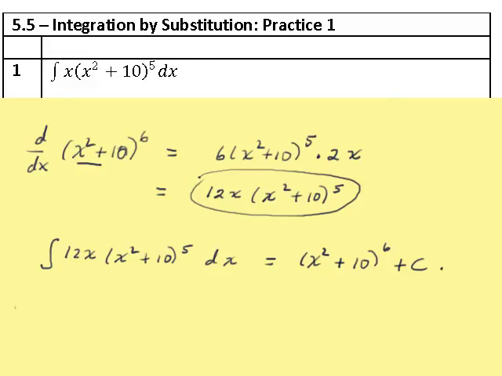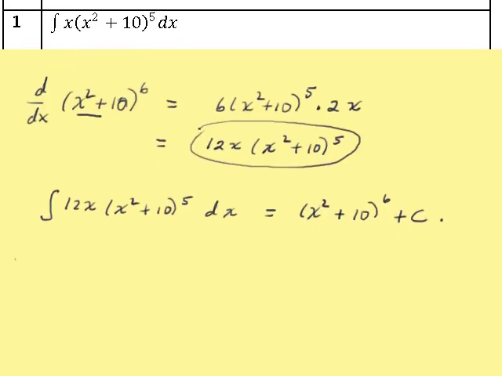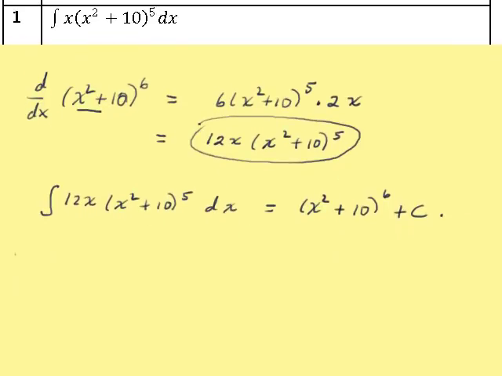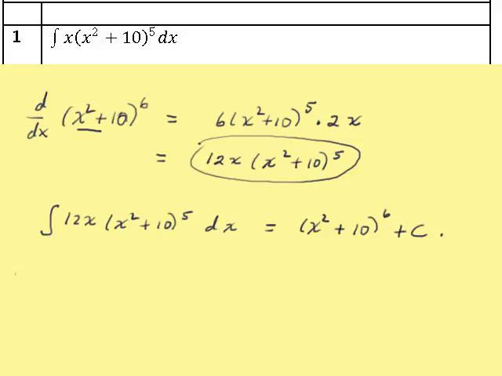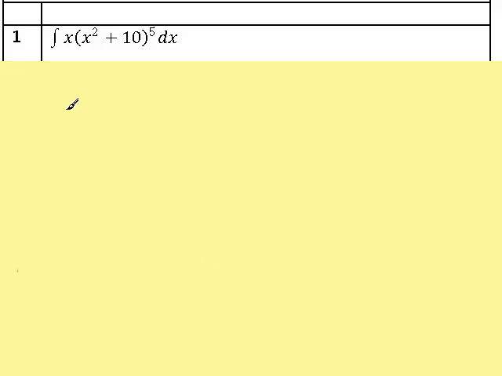Now what we do is we set u equal to the inner function. This is the inner function, and we'll put u equal to x squared plus 10. Now we have to substitute for dx as well.